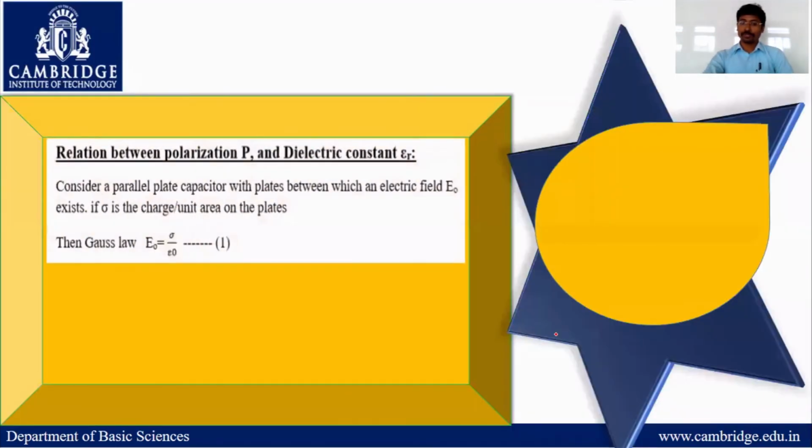Next, we will see the relation between polarization and dielectric constant. The polarization is denoted by the letter P and the dielectric constant is epsilon R. Consider a parallel plate capacitor in which the electric field between the plates is E naught. Now, if sigma is the charge per unit area on the plates, according to Gauss law, the electric field E naught equals sigma by epsilon naught.